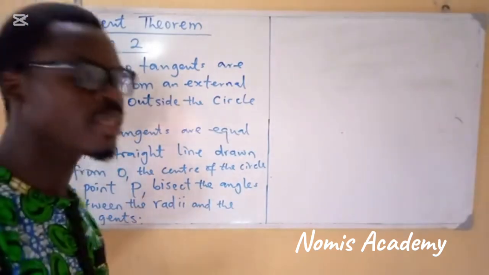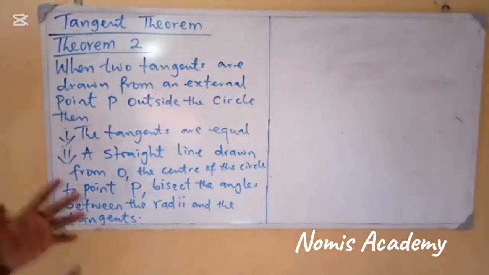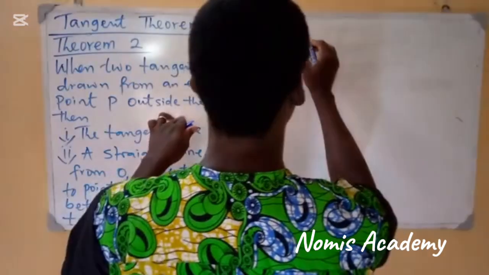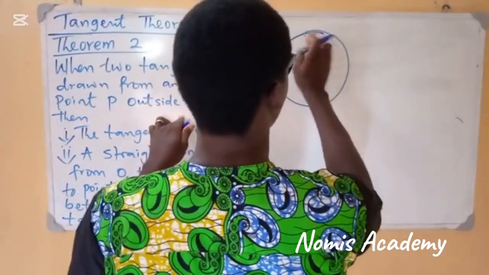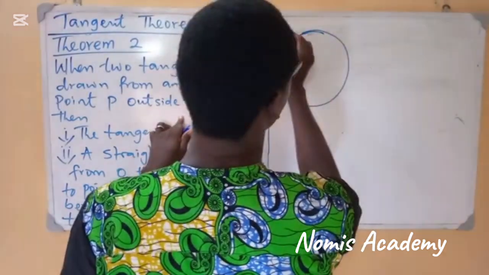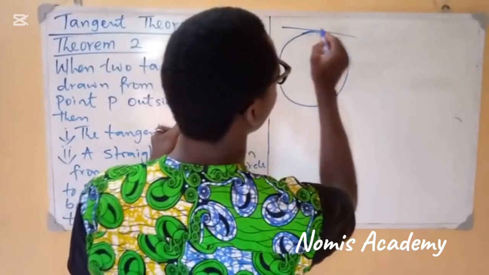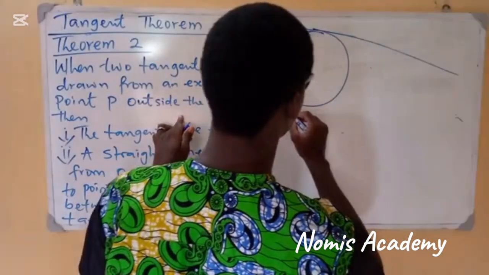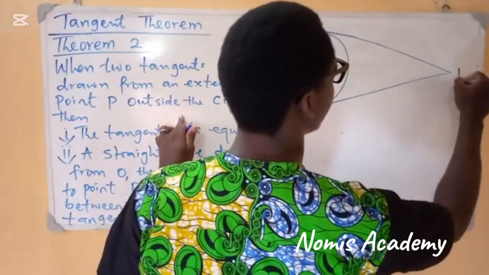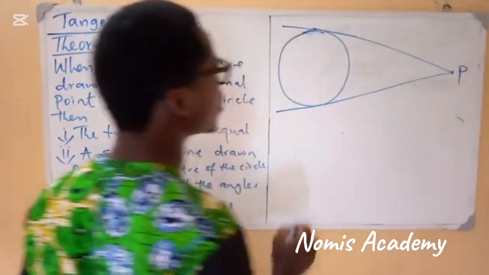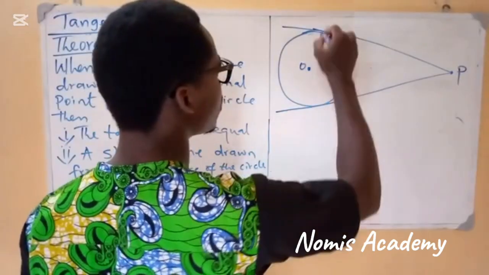Okay, let's take a diagram to clearly see what the theorem is talking about. We have a circle here, and then we have two tangents from external point P. Okay, they meet at this point. Here is the center of the circle.